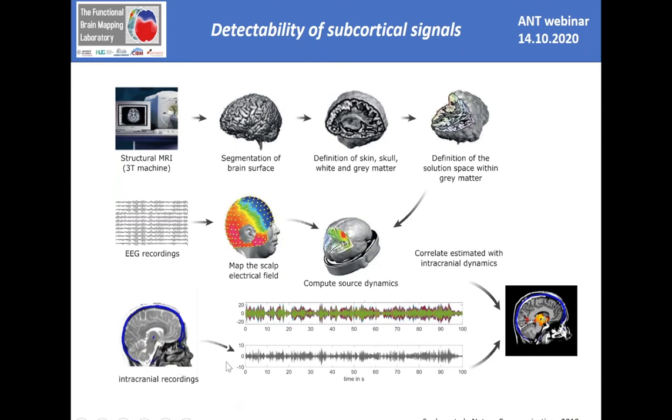These provide us with the ground truth of this beta modulation, these beta amplitude fluctuations. So we can correlate every non-invasively reconstructed time course with the ground truth intracranial waveforms recorded in these deep structures. And we know where the true location is, given by the implantation site. So we know exactly how the correct waveform would look and where it would be.